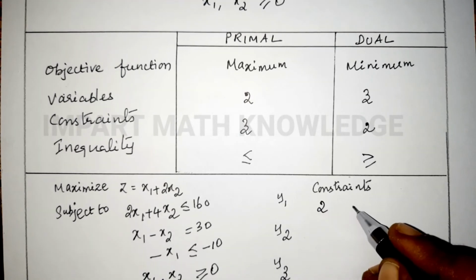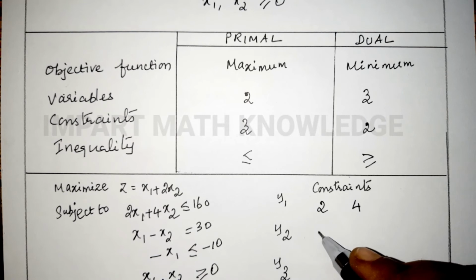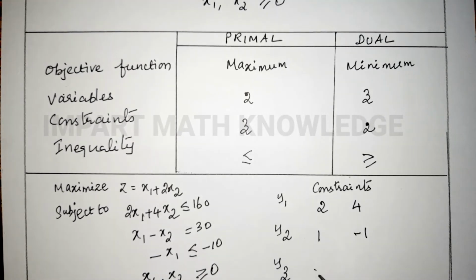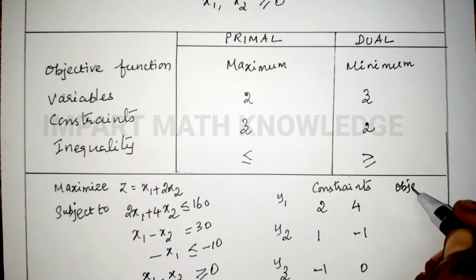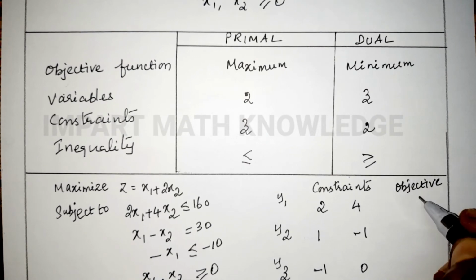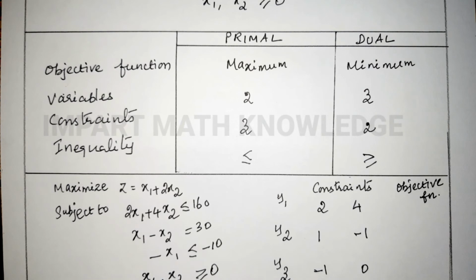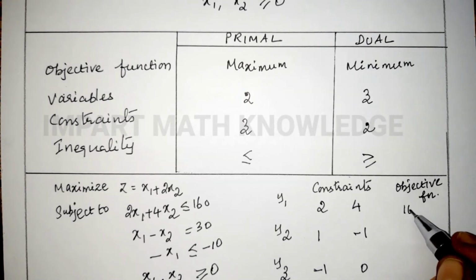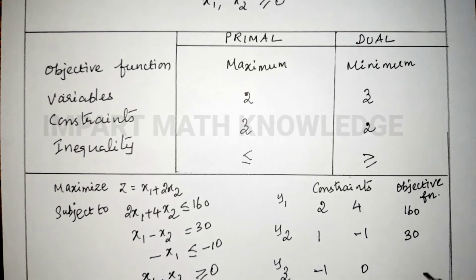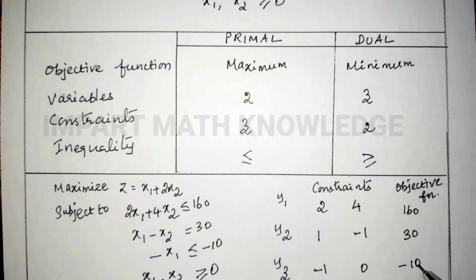For the objective function, the coefficients are 160, 30 and minus 10.